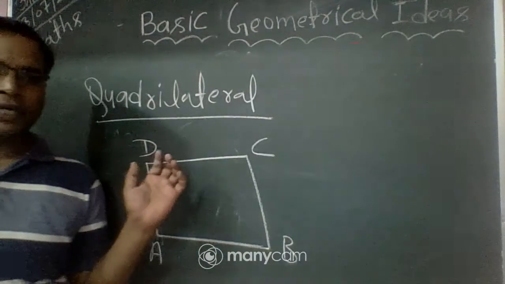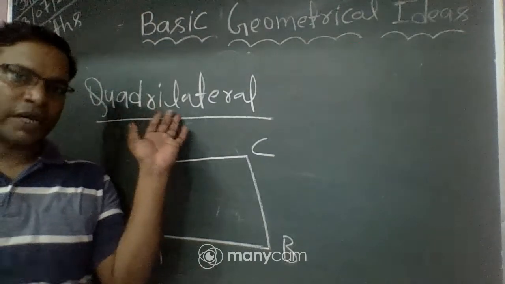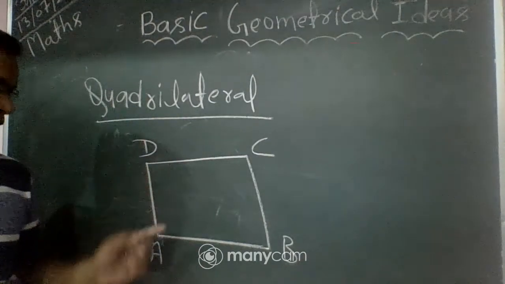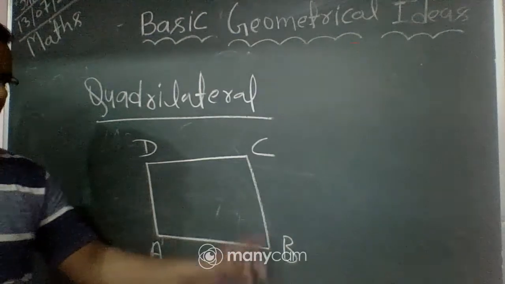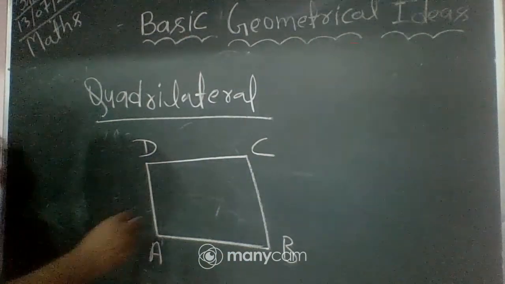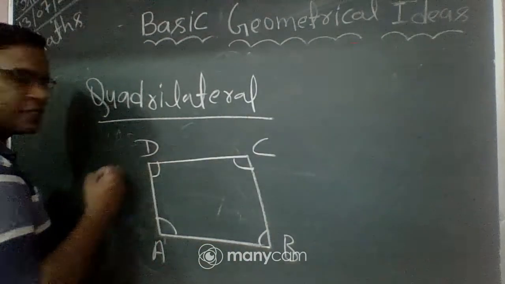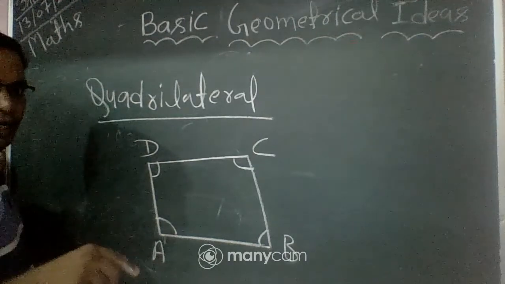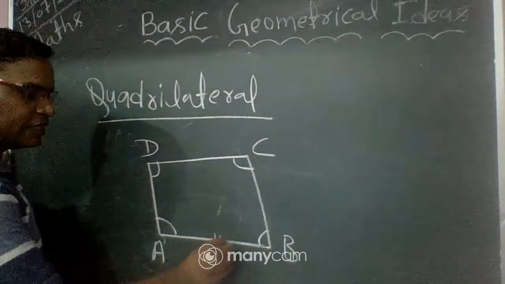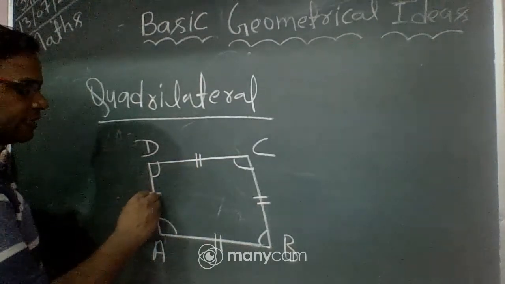It has four sides. It has four vertices: vertex A, vertex B, vertex C, vertex D, and four angles: angle A, angle B, angle C, angle D. Four vertices, four angles, and four sides: side AB, side BC, side CD, and side DA.